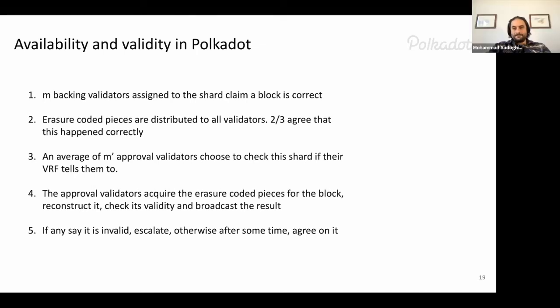Actually, it's similar to the Ouroboros Praos that the Cardano guys came up with, when it comes to creating relay chain blocks. But then we have a second thing called a finality gadget. I don't know if you looked at Ethereum too, called GRANDPA, which then later agrees that these things are final.